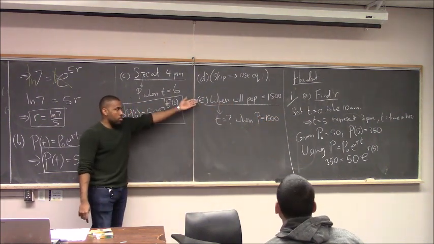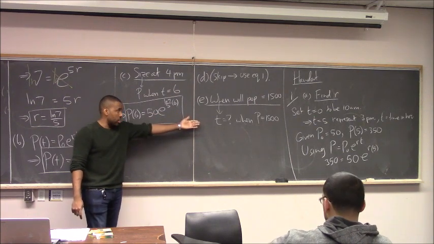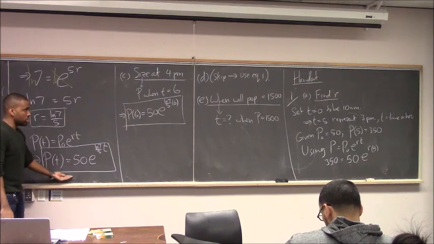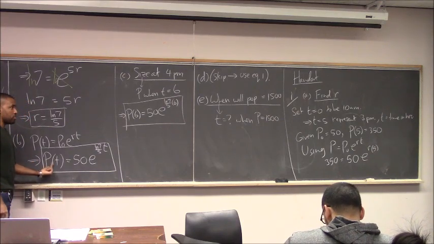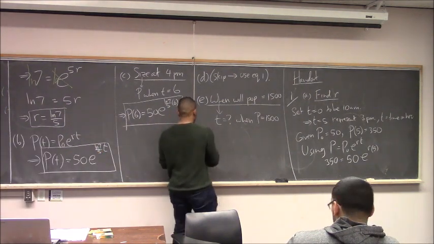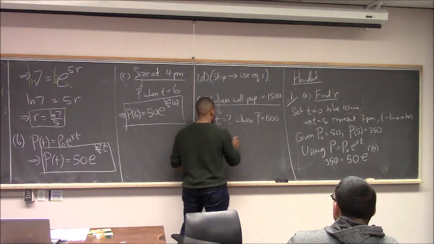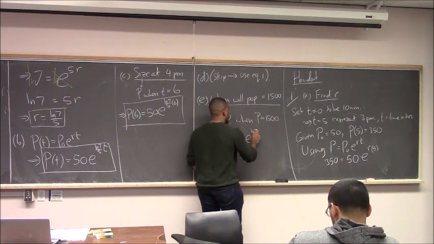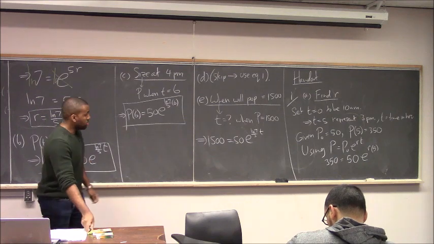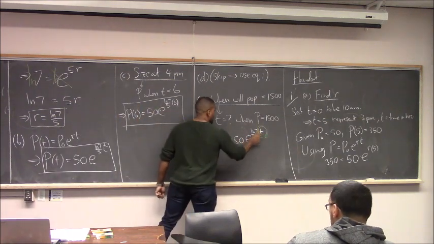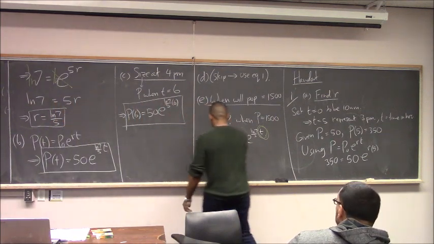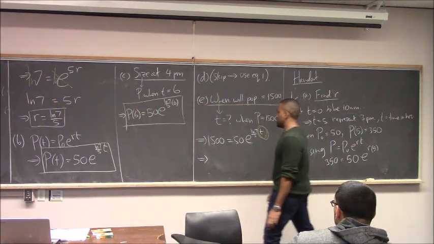So you read the problem, you want to translate it to the symbols that are in your equation. So now you can actually use the equation to answer the question. So this is saying when this guy has a value of 1,500, what is that guy? So that's the relevant equation, and I care about this part. So now I would divide both sides by 50.